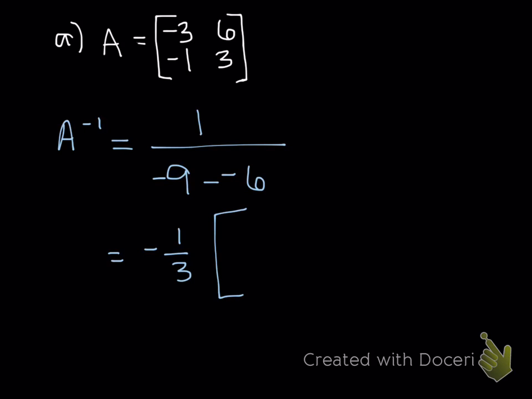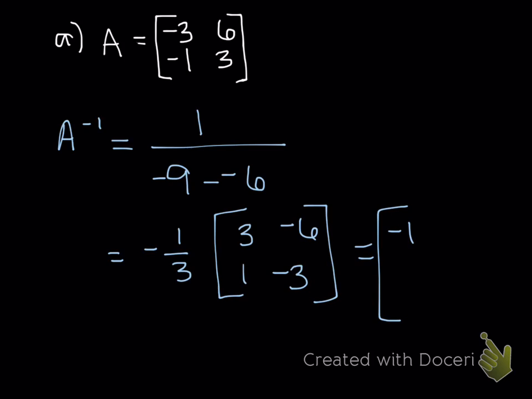Now that I have that fraction handled, I've got to go inside to the matrix and flip-flop things. So the 3 and the negative 3 switch on the diagonal. The 6 stays where it is but becomes negative, and the 1 becomes positive. And then the last thing that you have to do is the whole idea of scalar multiplication, multiply everything by negative 1/3. So for the top I'll get negative 1, positive 2, negative 1/3, and a 1.